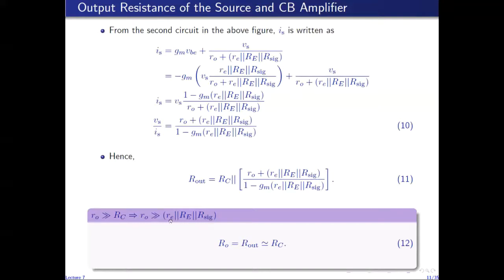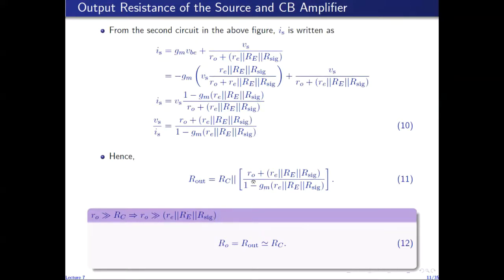So small re and R sig are both much smaller than capital RE, which makes this parallel combination smaller than small re. So this parallel combination is pretty small. So if r0 is much greater than RC, then it is definitely much greater than this parallel combination.